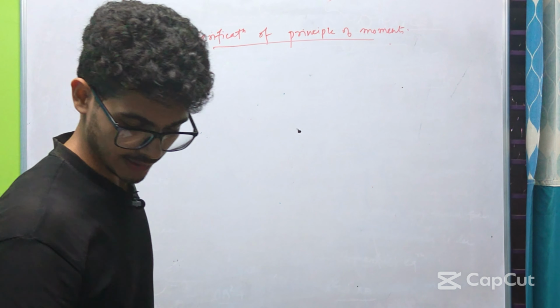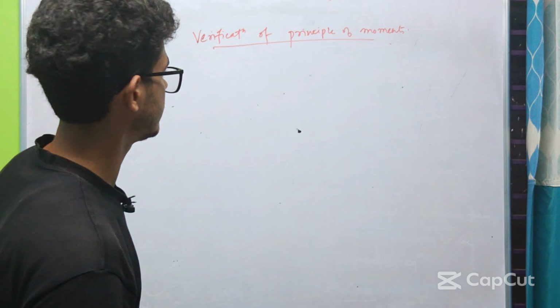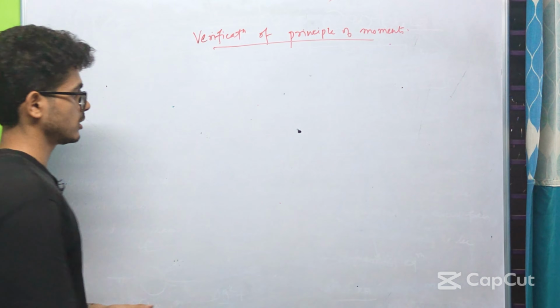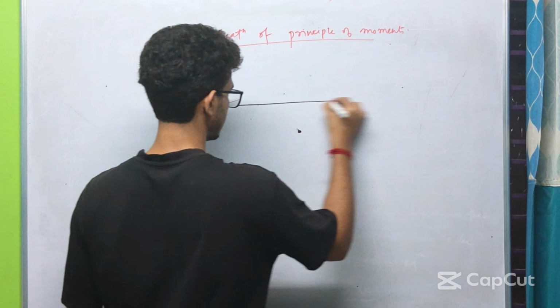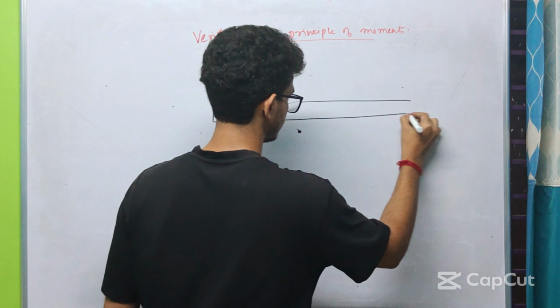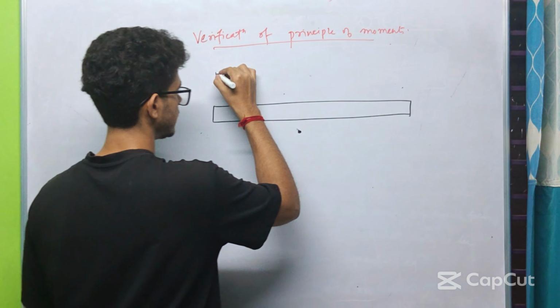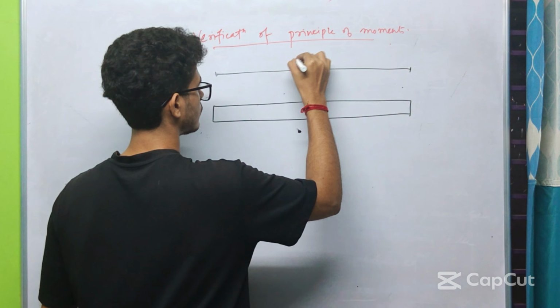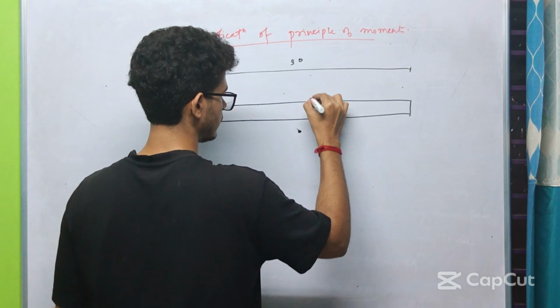So let's say we want to verify if it is true or if it works correctly or not. Let's say we have taken a steel rule, a 30 centimeter steel rule, and this is the midpoint, 15 centimeter.